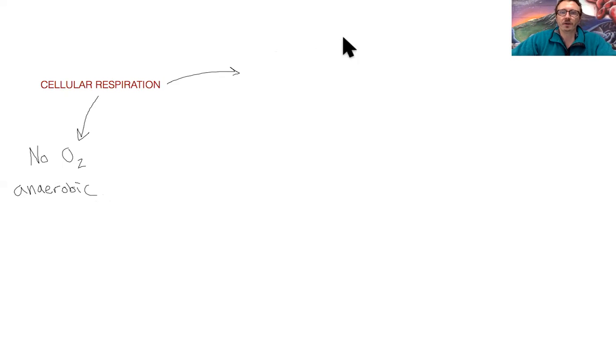Today, we are going to focus on aerobic respiration, which uses oxygen. So when we have oxygen, it's a special type of respiration known as aerobic. Think like aeroplane, right? Old school name for an airplane.